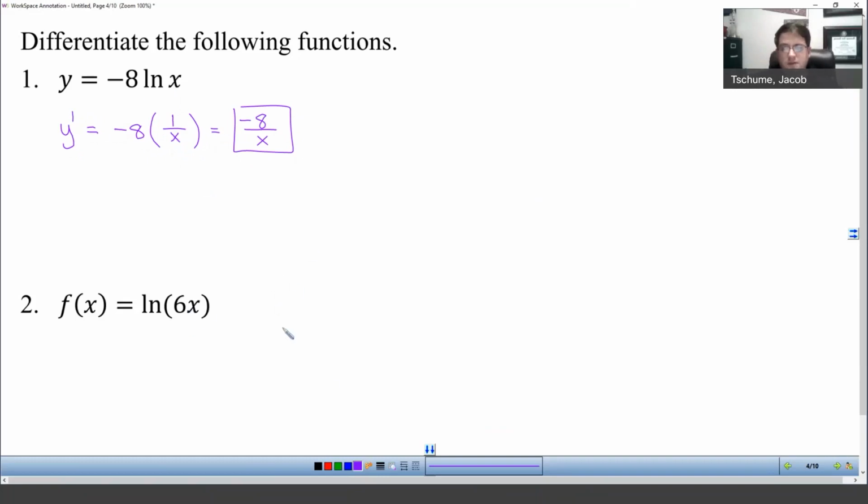Obviously, be careful because things like number 2 are going to show up a lot more. What happens if inside the natural log it is something other than x? So if you want to take the derivative of the natural log of 6x, let me remind you about that rule. When you take the derivative of the natural log of a function, you're going to write this out as a fraction.